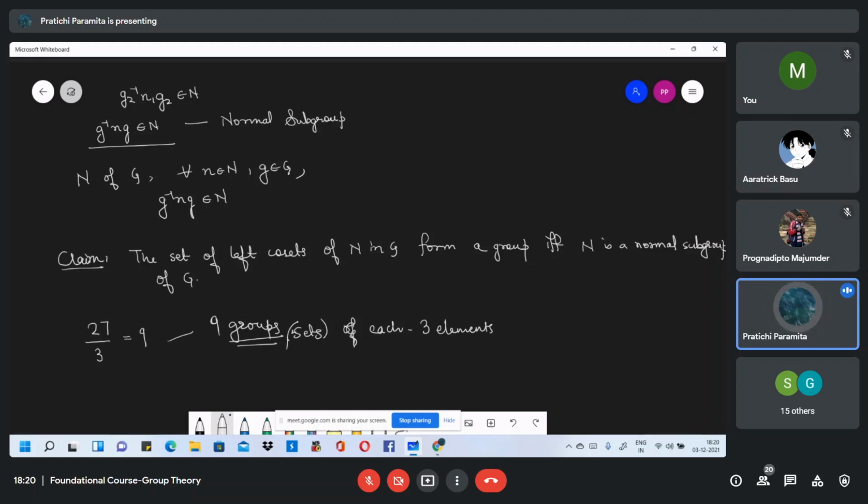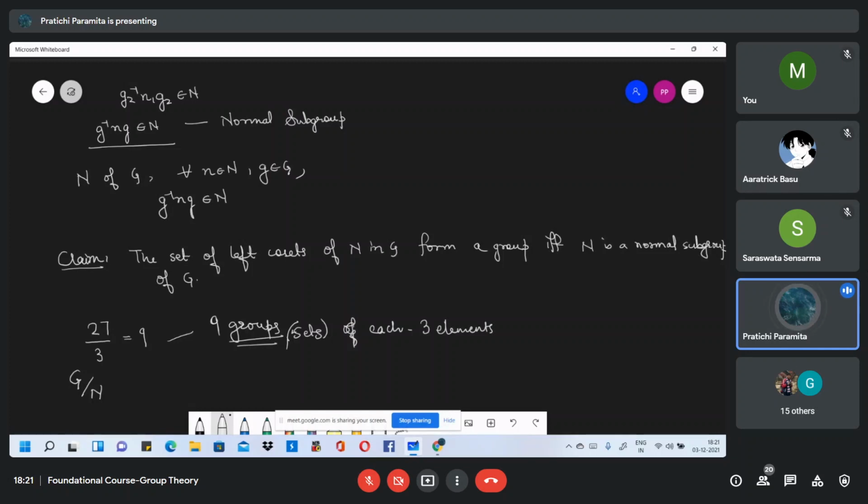Now can anybody think why it was called a quotient group? I am in fact writing it as G mod N, somewhat like the division sign. The number of equivalence classes formed is the quotient of the order. It's somewhat like grouping elements of a group, like forming sets of elements of a group.